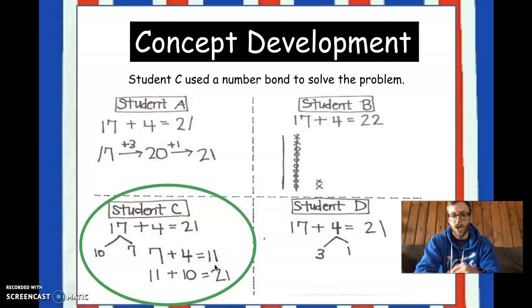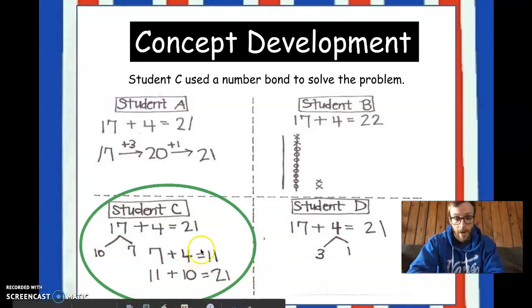I'm going to count on just to double check to make sure student C didn't do this wrong. Put 7 in my head. 7, 8, 9, 10, 11. Okay, student C was correct there. So now we take our answer that we got, which was 11, and it seems they moved it down here and added it on to the 10 that they had left.